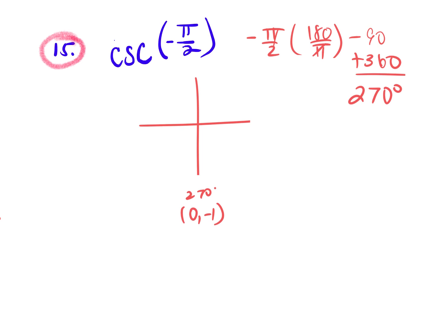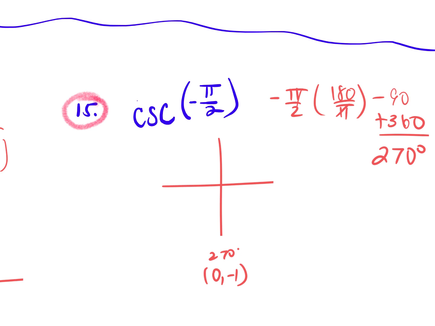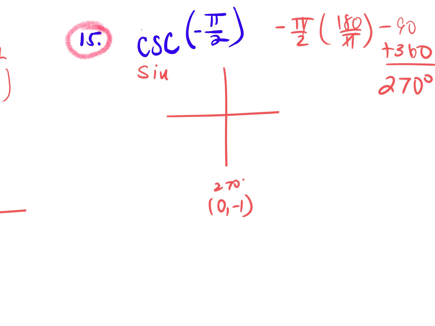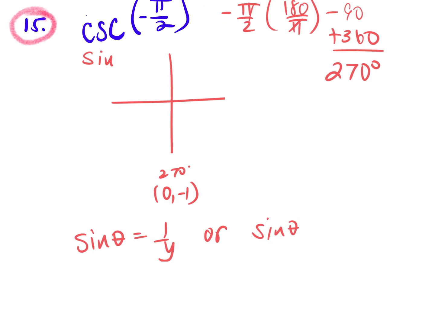So, okay, I have my values. Now, this is on the unit circle, so you can use 1 over y, or you can say r over y. It doesn't matter. What is cosecant the reciprocal of? Sine. So you could say cosecant of theta is 1 over y, or you could say cosecant of theta is r over y.